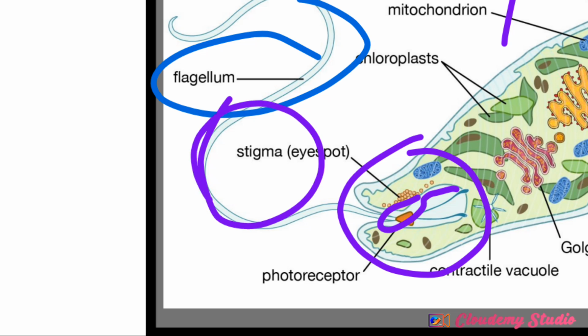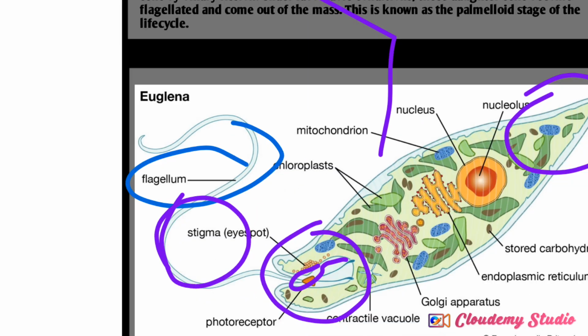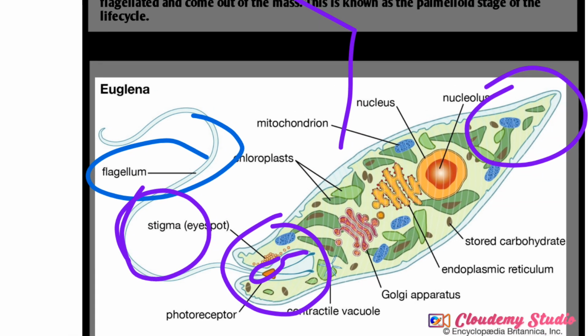That is the structure. And this flagella arises from a structure known as the kinetoplast or kinetochore. I think it was not indicated here, but we have something known as the kinetoplast.